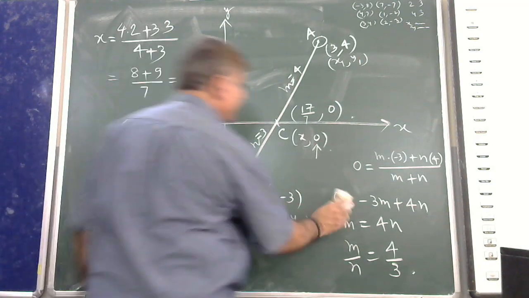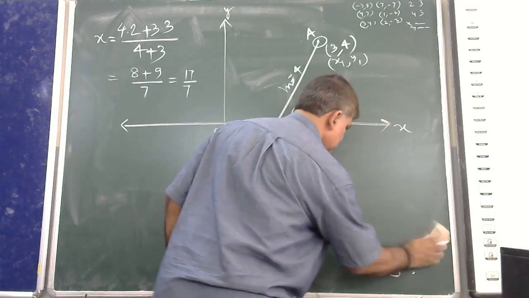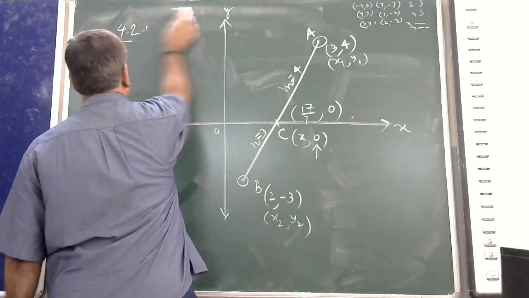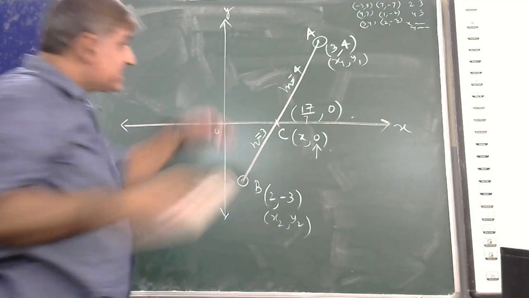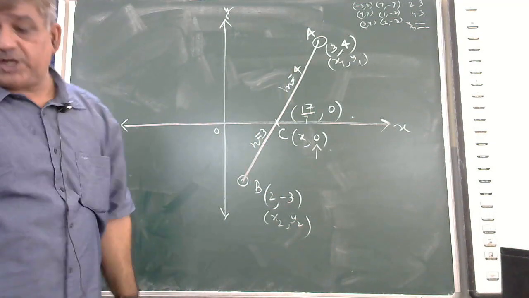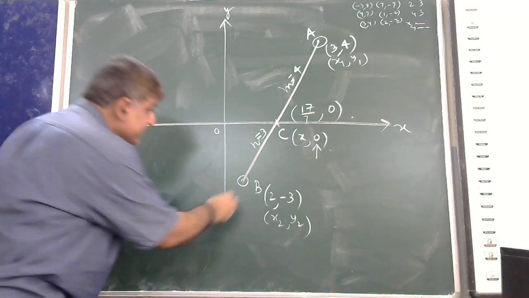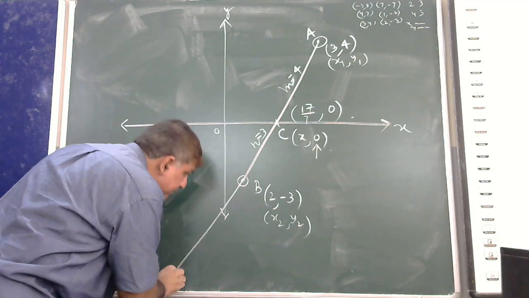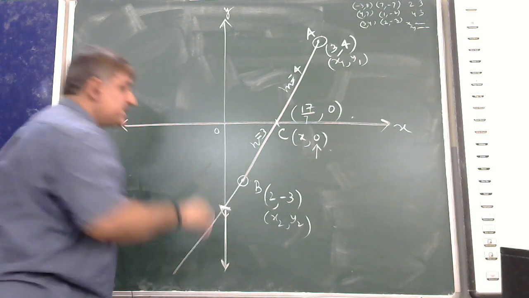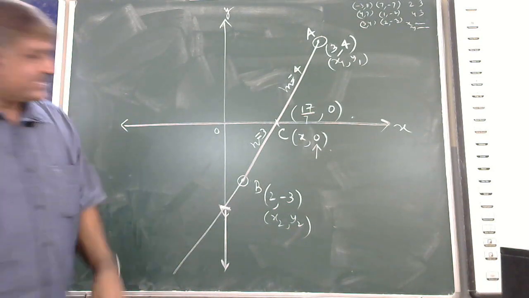Now, one more thing. Here, we have to find the point on the y-axis which divides AB in the same ratio. What does it mean? If we extend this line segment AB, then this line segment AB cuts the y-axis at some point, say C1.